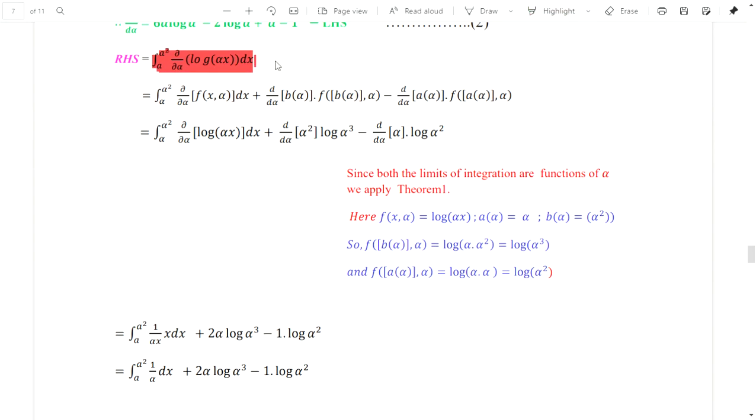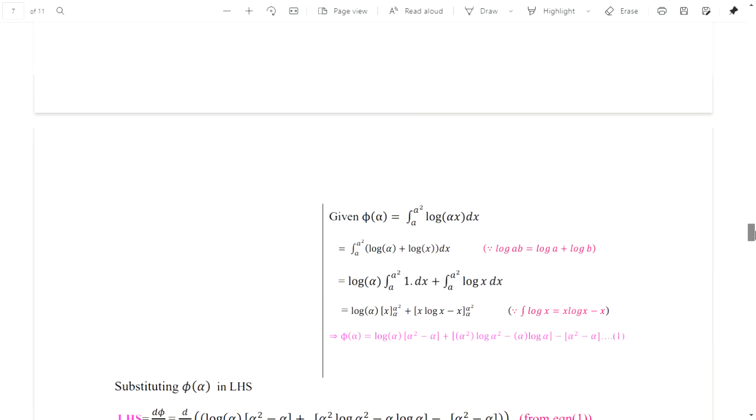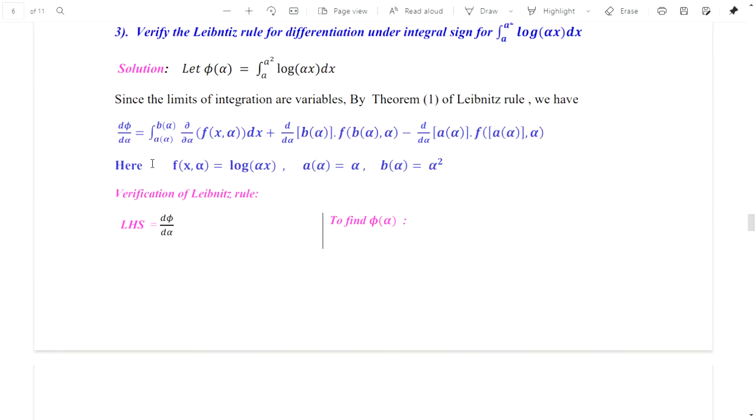Let us see the formula once. Integral of a(α) to b(α) of ∂/∂α of f(x, α) dx, plus d/dα of the upper limit into f(b(α), α), minus d/dα of the lower limit into f(a(α), α). This is the RHS of the Leibniz theorem.